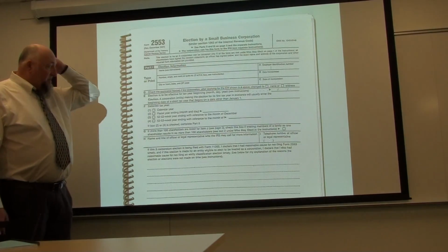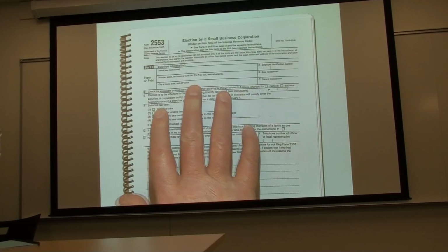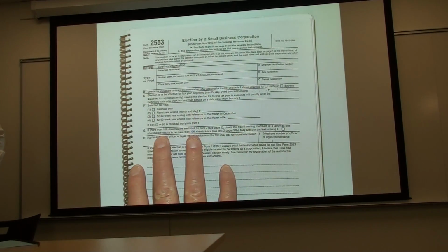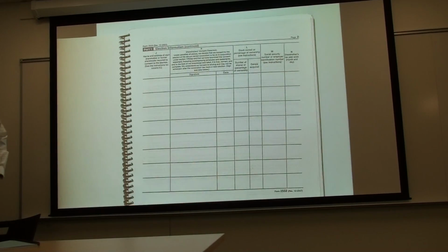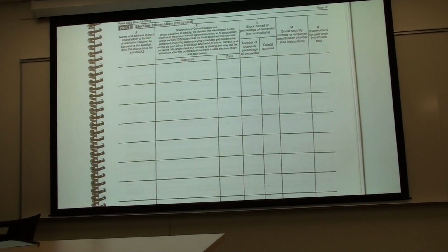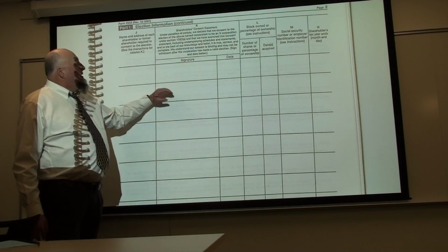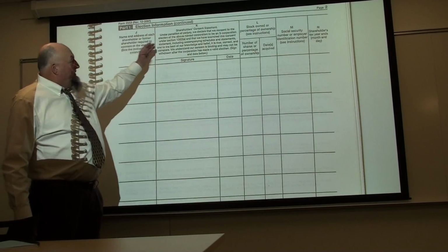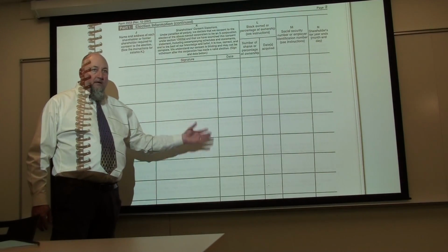And essentially this is going to set forth the information about the corporation, calendar versus fiscal year. And on page 2, it's really the most important part. This is where all of the shareholders in an S corporation have to sign. And this is a form of consent of the shareholders agreeing to be an S corporation.